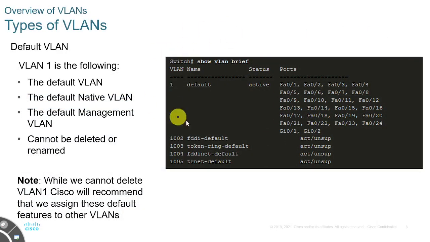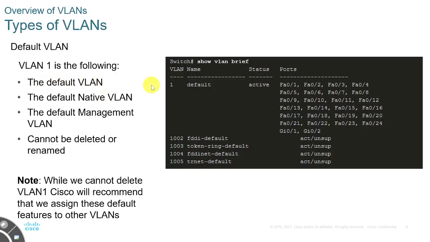Types of the VLAN. How many types of VLANs do we have? The first one is VLAN 1, which is the default VLAN. It's built in, it's the default VLAN. It's also the default native VLAN. The native VLAN, there is a small difference.